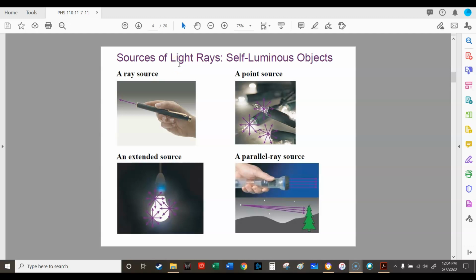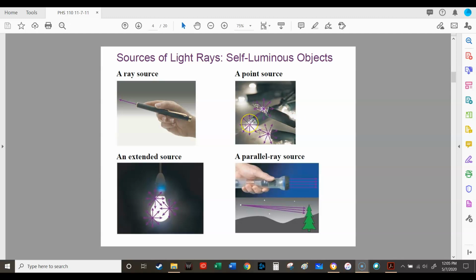Okay, so there are different types of sources of light. You've seen the ray source, where it's just a single laser beam. It's a single beam of light, and everybody has seen laser beams or laser pointers. Okay, we've also seen point sources of light, where you have one single source of light, which is a small light bulb or a diode, which extends out light in all directions.